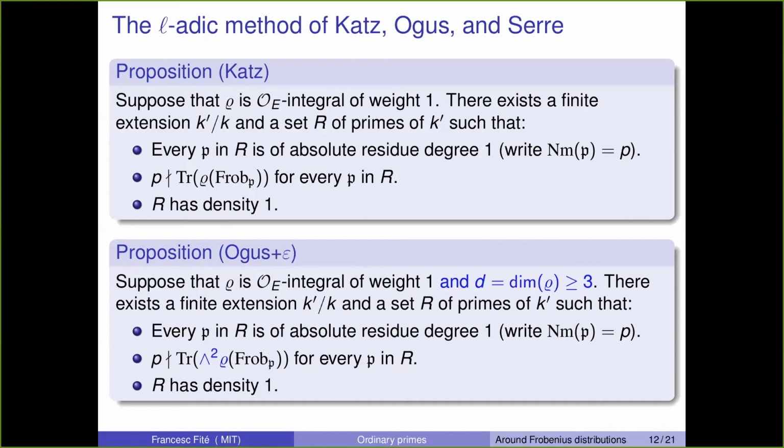So p does not divide the coefficient of T squared in the characteristic polynomial of the Frobenius at P.